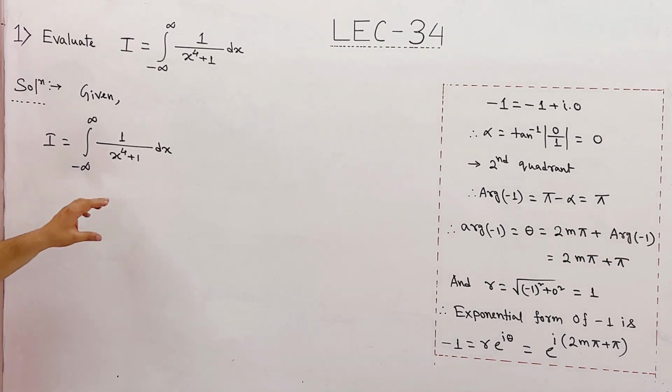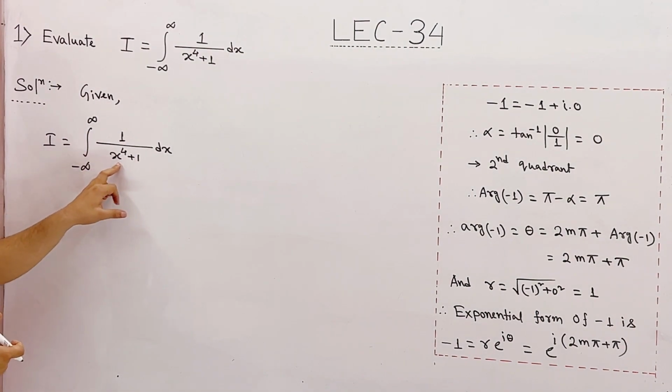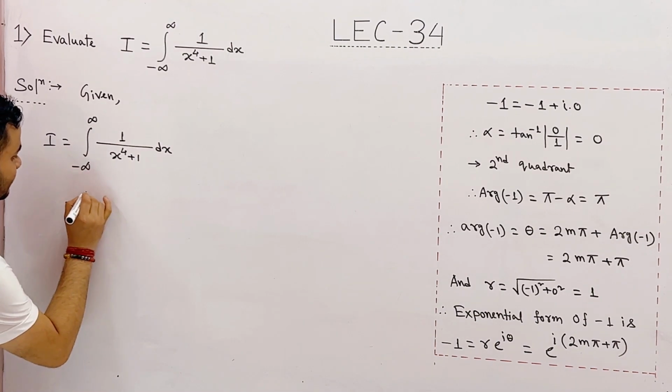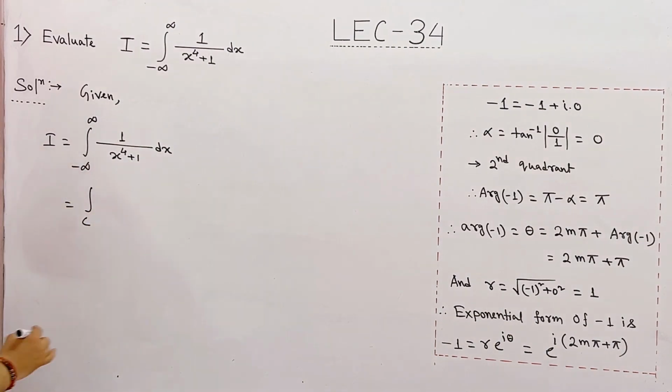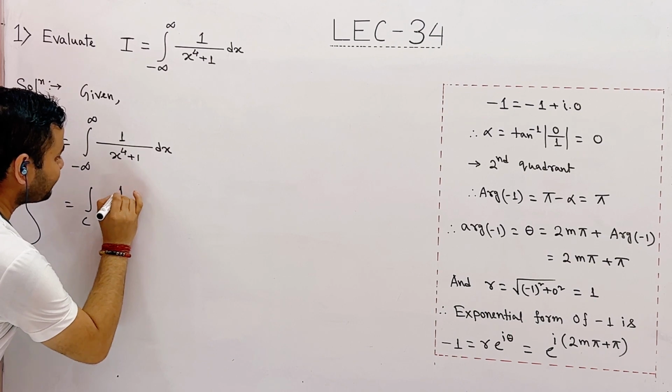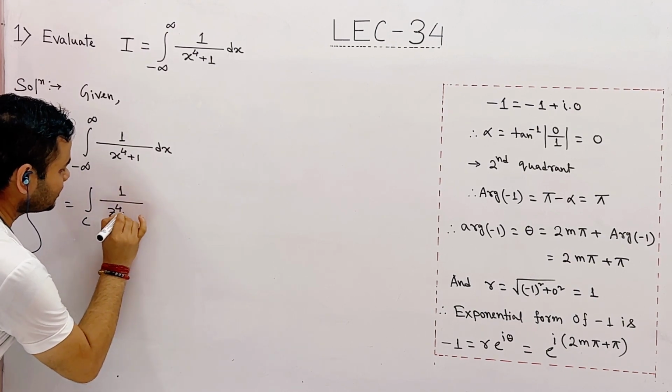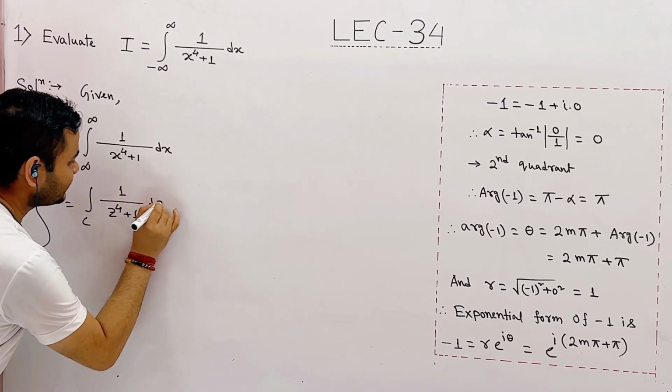Next, we have to change the variable from x to z. After changing the variable from x to z, we will get the integration along curve C of 1 by z to the power 4 plus 1 into dz.